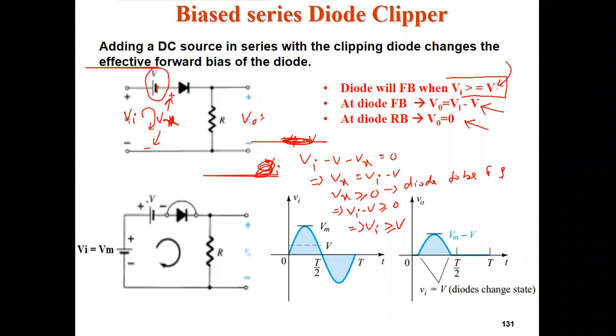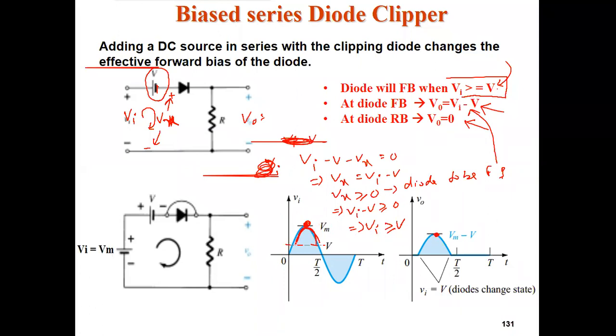That means V is the line, so I'll draw a line at V. Obviously, any point above it satisfies the condition, and for that the output voltage is Vi minus V. So for this section above this dotted line, you are getting output, and that output equals the input minus V. So during this peak, when the input was Vm, the corresponding output is Vm minus V.